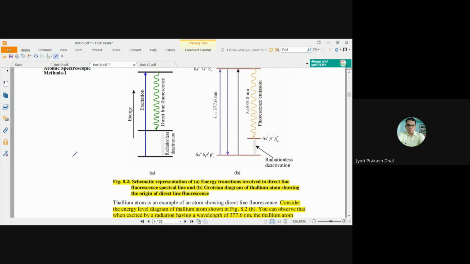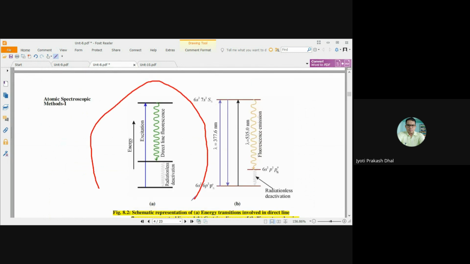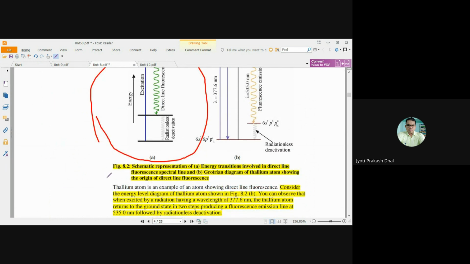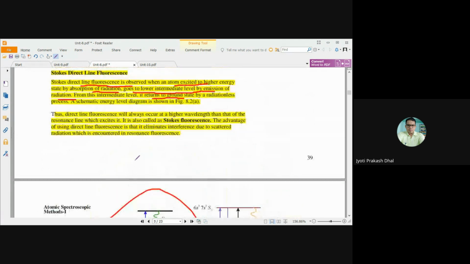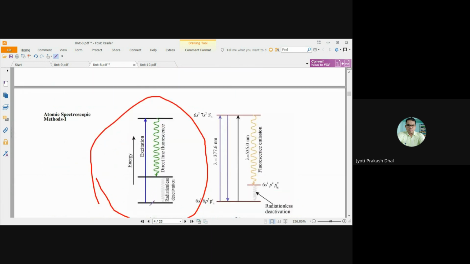So in this diagram, you can easily understand that initially the isolated gaseous atom will undergo excitation by absorbing electromagnetic radiation, from the ground state to some excited state.